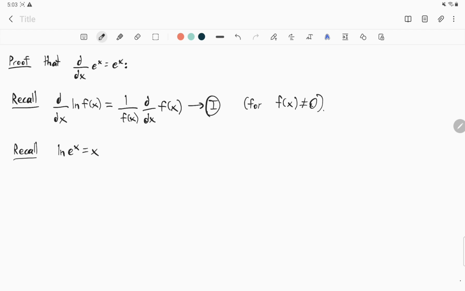Okay, and that's because ln and e are inverses. And so you're left with the remaining x. So ln of e to the x is just x. So therefore, let's take the derivative of both sides. d over dx of ln of e to the x equals d over dx of x.